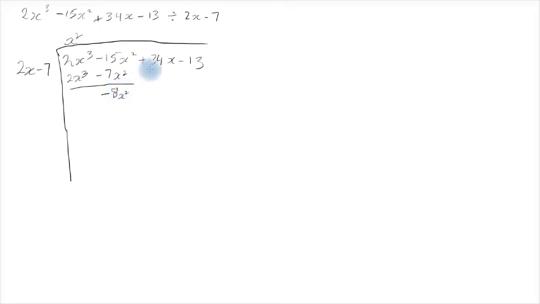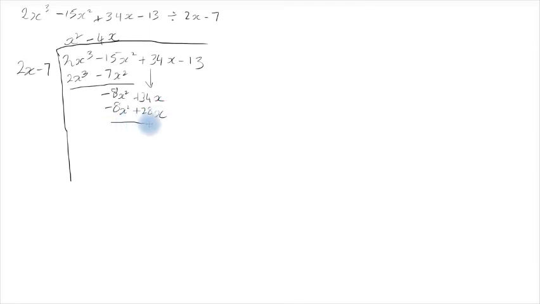Now, drop down our next term, which is plus 34x. Okay, next term. How many 2x minus 7s are there in minus 8x squared plus 34x? Well, there is minus 4x of them. The reason I know this is because minus 4x times 2x gives negative 8x squared. Minus 4x times minus 7 gives a positive 28x.